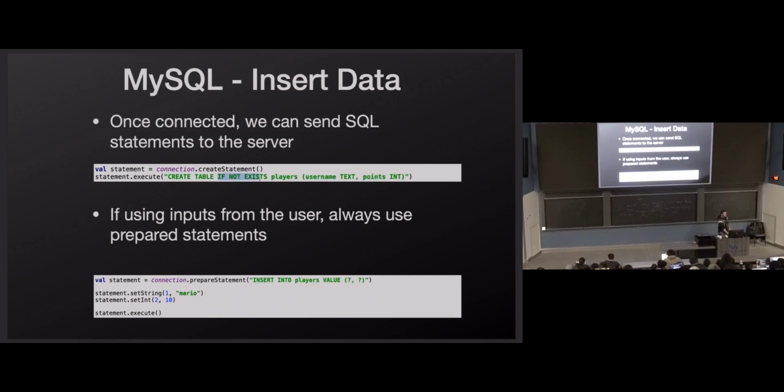And I'm going to create the table if it doesn't exist. This is important if you are going to use SQL or MySQL this semester. Create the table if it doesn't exist, or any other way that you can get around this problem. But the problem is that if you try to create a table that already exists, you get an error and your program crashes if you don't catch the exception.